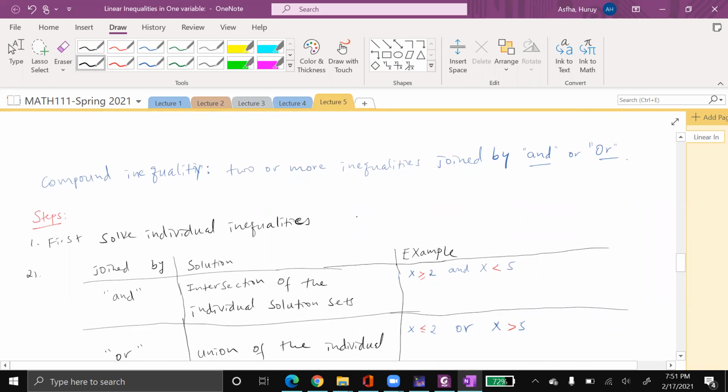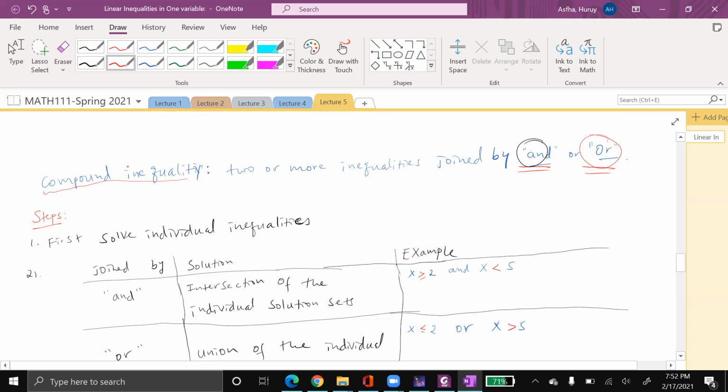Now, the next question is, how about if our linear inequality involves two inequalities joined by and or or? If we have two or more inequalities joined by either of these, or both of them at the same time, then this is what we call a compound inequality.